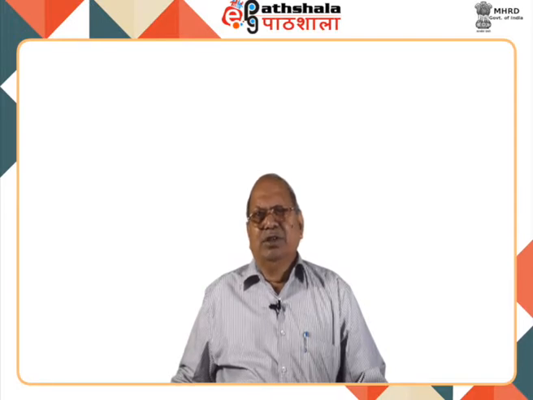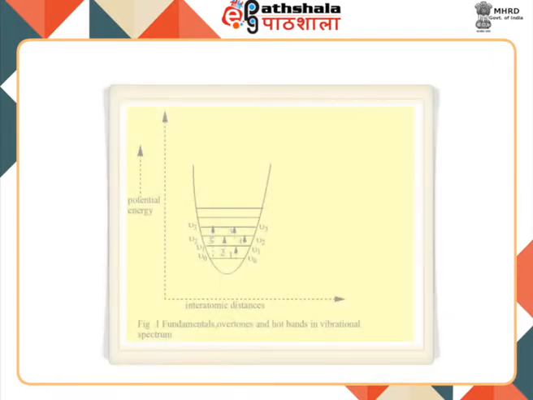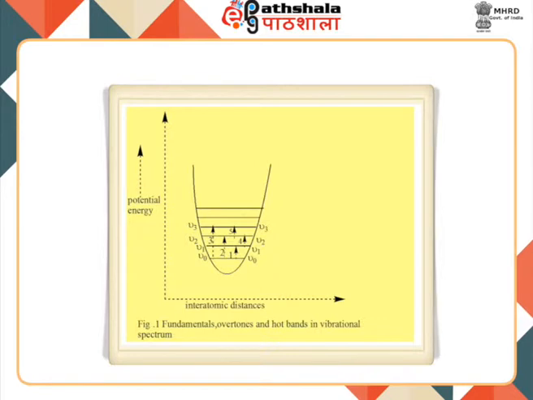We have to consider the direct product and vanishing integral involving ground state symmetry and excited state symmetry, that is, the nu2, nu3, etc. The origin of overtones, hot bands, combination bands is shown in figure 1 given over here.